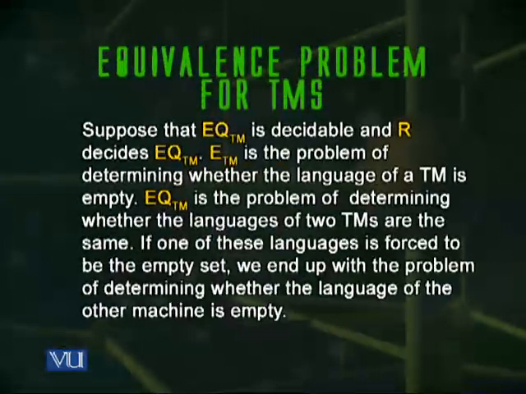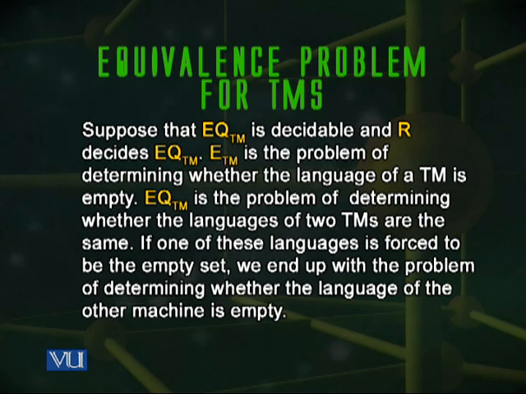Suppose that EQTM is decidable. Then there is a decider R such that, when it's given a pair of Turing machines, it accepts if the language of these two Turing machines is the same, and it rejects otherwise. How can we use R to construct a decider S for ETM?